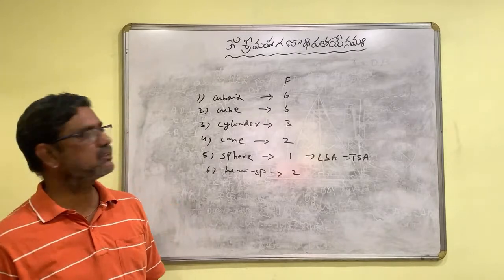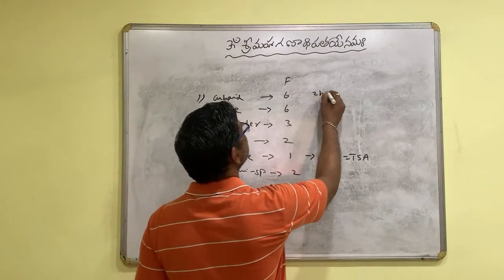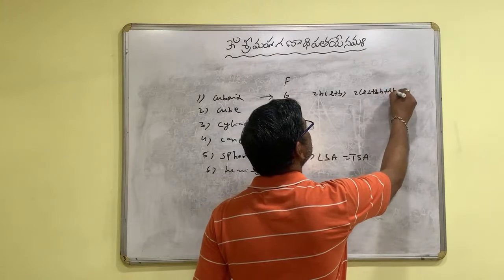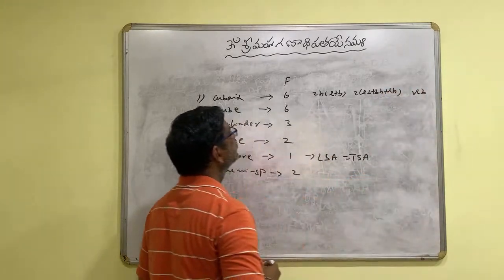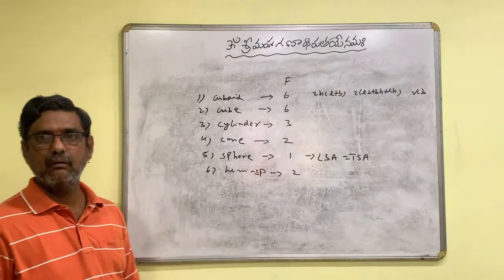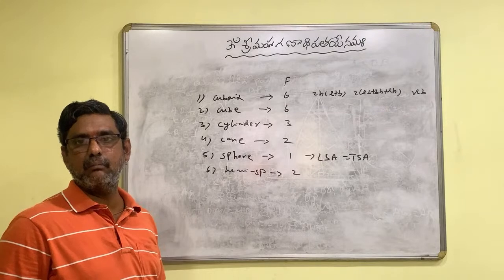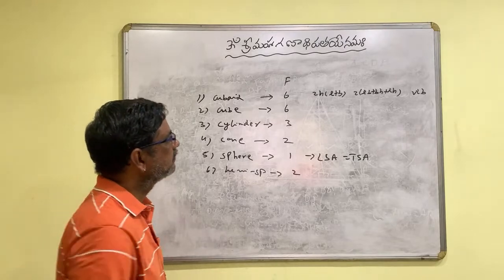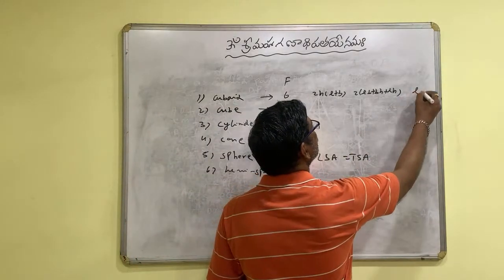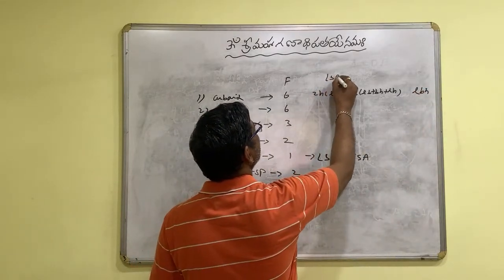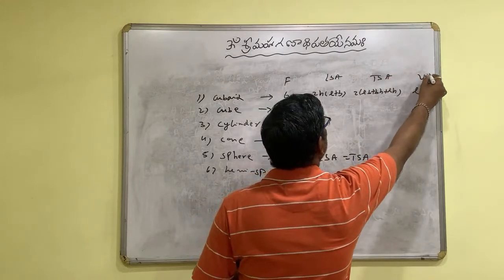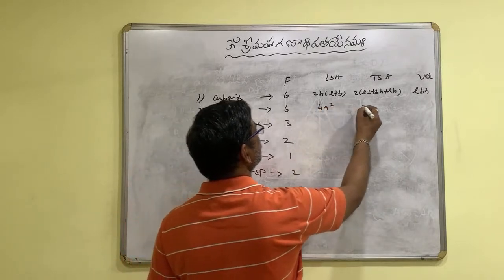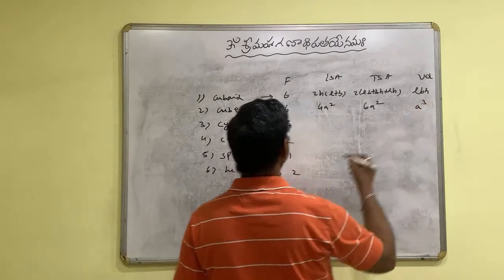And we know all its formulas. For cuboid: LSA is 2h into (l plus b), TSA is 2 into (lb plus bh plus hl), volume is lbh. For cube: 4a square, 6a square, a cube.